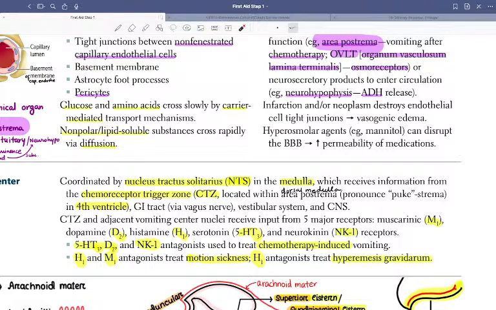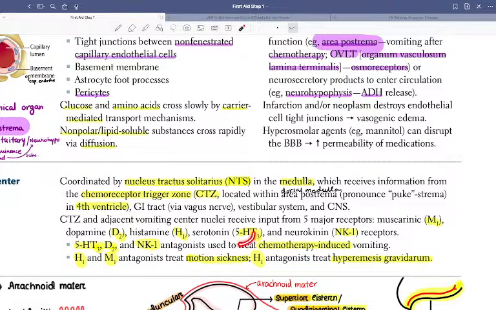Next is the GI tract. Why the GI tract? Vestibular system and CNS. So the CTZ, that is the chemoreceptor trigger zone, adjacent to the vomiting center, receives input from 5 major centers: muscarinic, dopamine D2, histamine H1, 5-HT3, and neurokinin NK1.